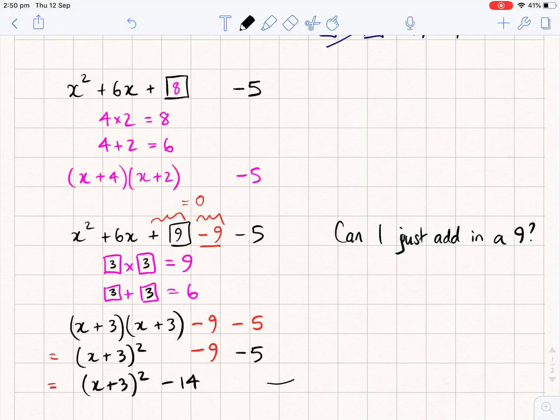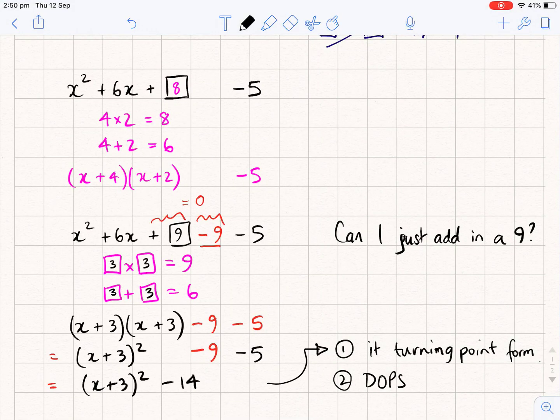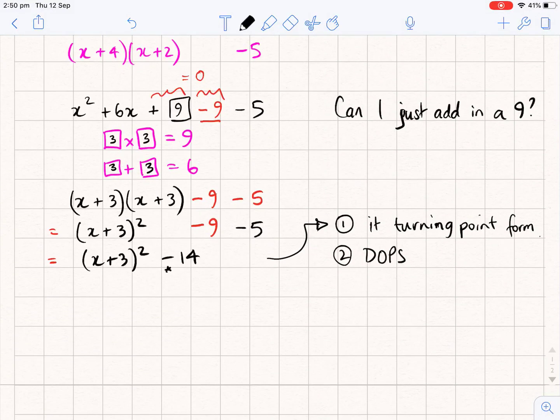Now this is cool for a couple of reasons. Number one, it's turning point form, so that would help me draw a graph if I had to. The second reason is it's also the difference of perfect squares, because I've got a subtraction between my two parts. So I can keep factorising this now using the difference of perfect squares.